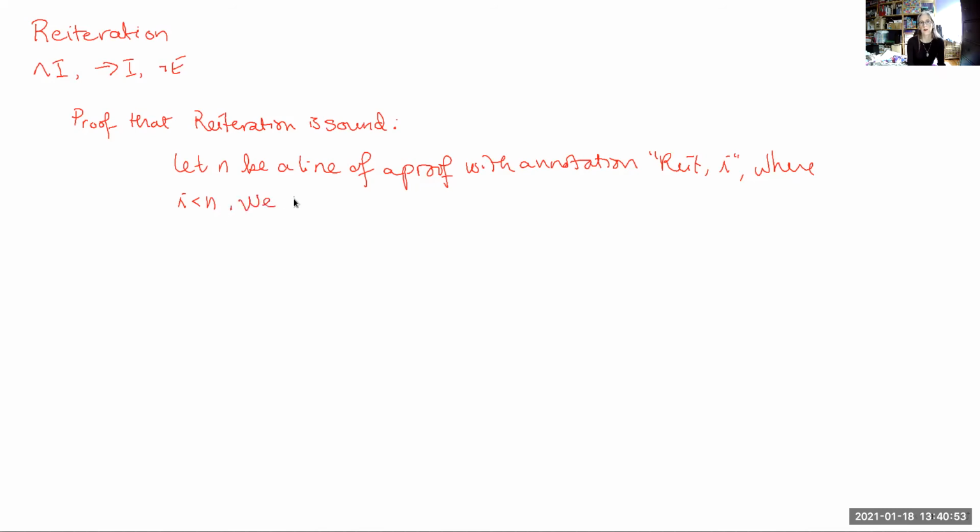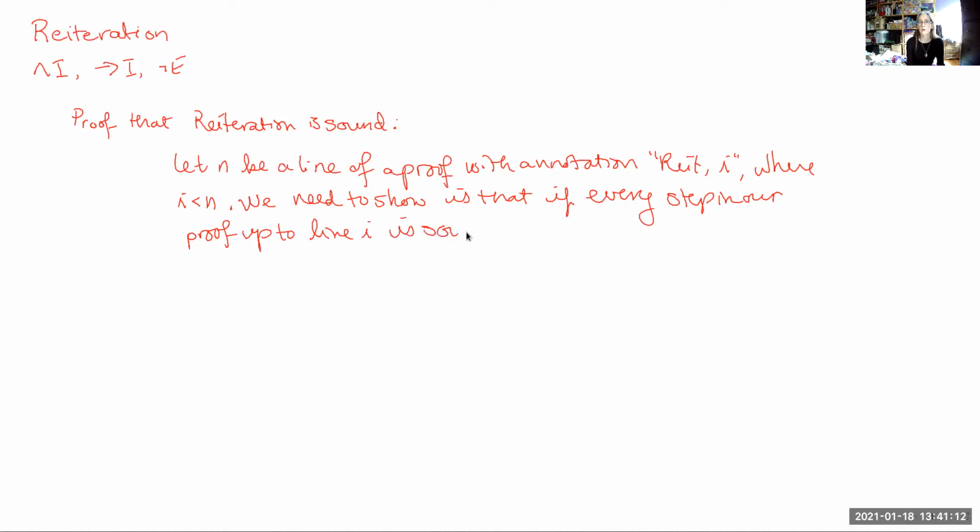What we need to show is that if every step in our proof up to and including line I is sound, then the step at line n is also sound.